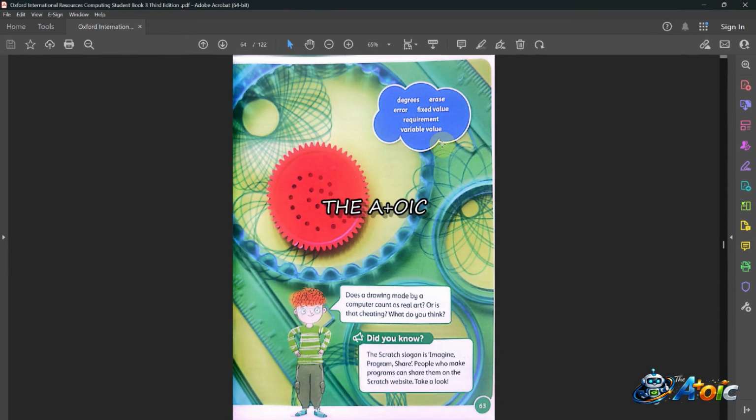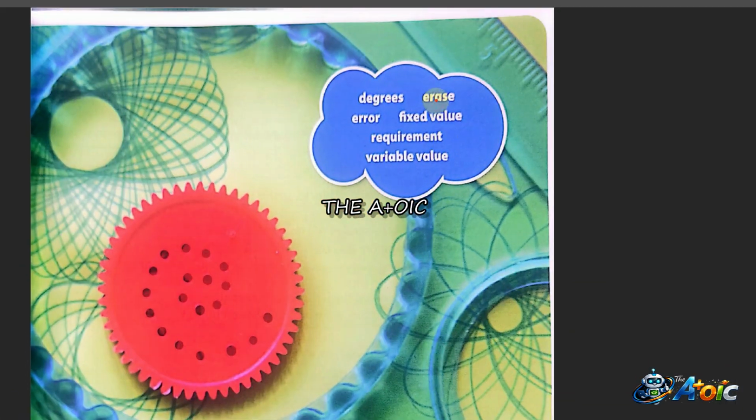And then erase simply means we are cleaning what we've done, right? Error means it is not giving us what we expect, so it is misbehaving, right? Fixed value means the number is exact. When I give you 1 plus 1, the result is fixed, it is 2.